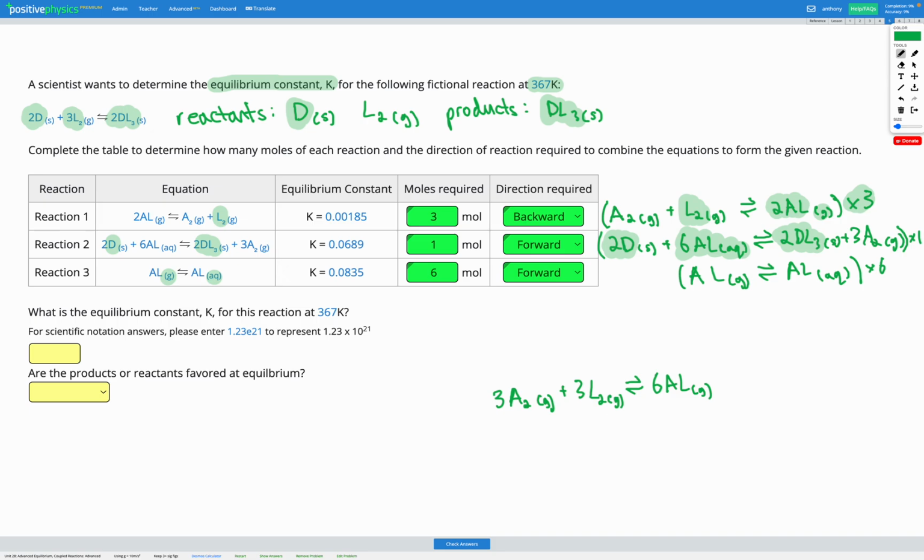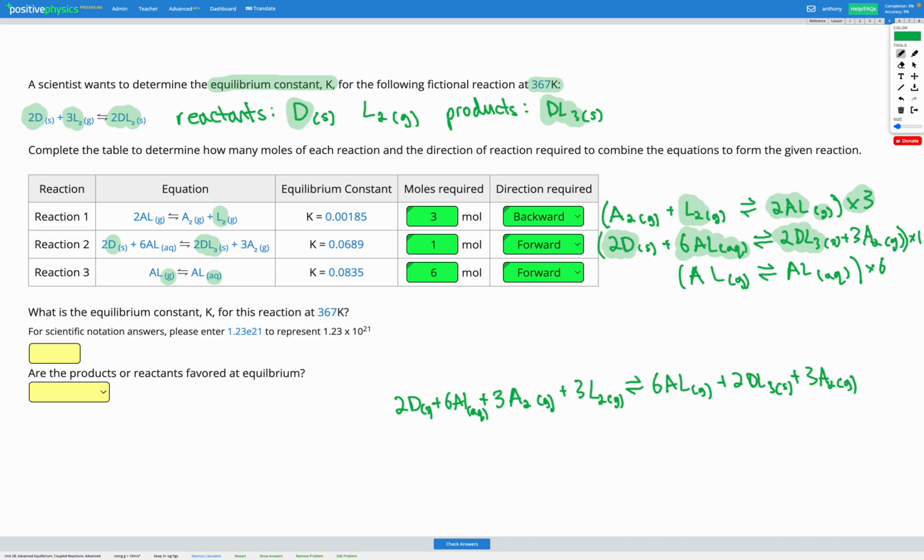In step 2, we've just got 1 set of that, so we've got 2D solid and 6Al aqueous in our reactants. And in our products, we've got 2DL3 solid and 3A2 gas.